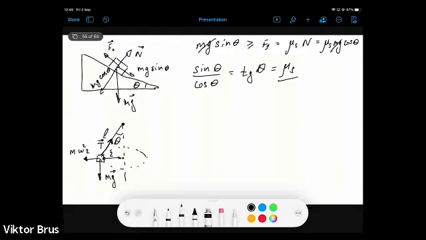So we can write that it will stay in stationary condition in terms of angle theta, will not increase or decrease, when the centrifugal force will be equal to the projection of tension force T on the radius. So we can write mg is equal to T times sinus theta.